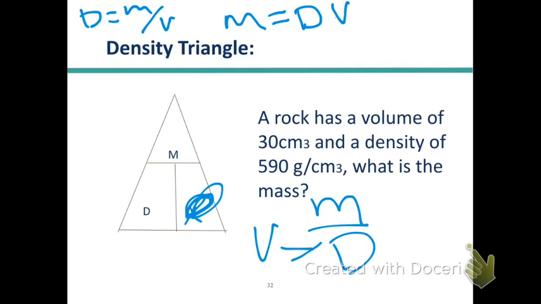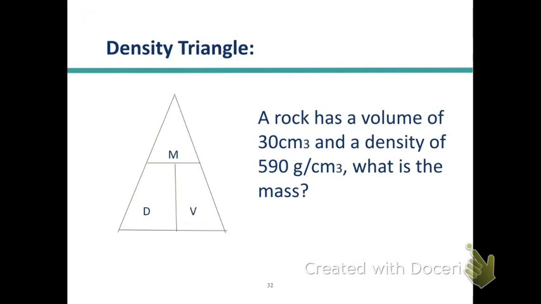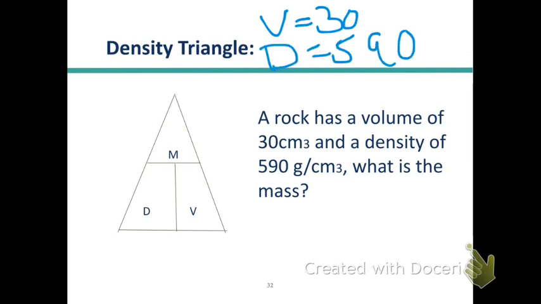So now that we have gone over the triangle, I want you to now solve the word problem. Okay, so let's look. You have a rock that has a volume of 30 centimeters cubed, so I'm going to do volume equals 30. A density of 590, so density equals 590. What is the mass? So mass equals question mark.